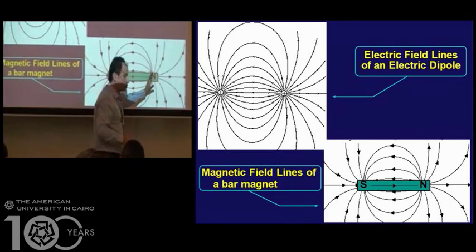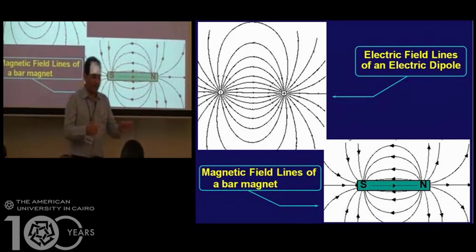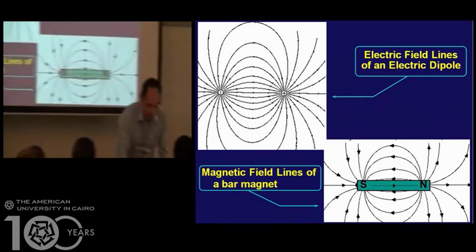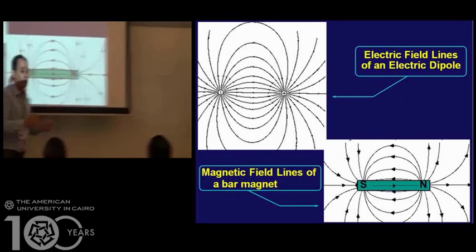But if you take this magnet and break it in half, you get north, south, north, south. You take this and break it into another two halves, you get north, south, north, south. You keep on breaking this magnet into small pieces.